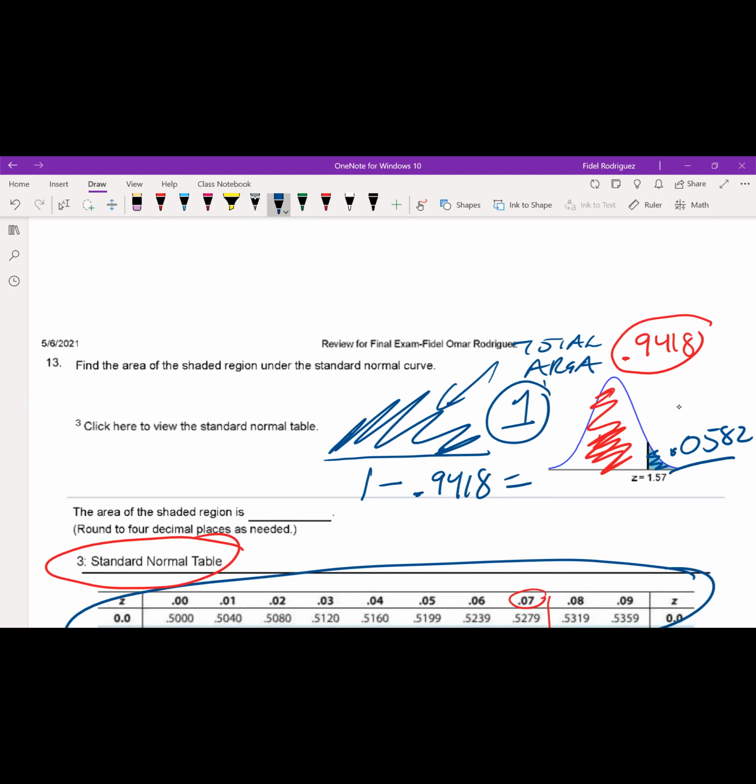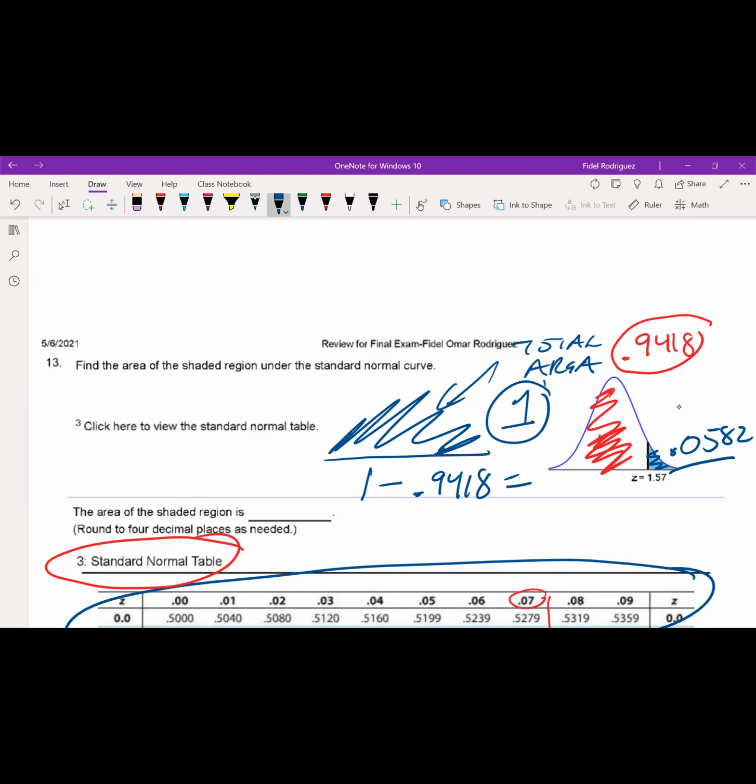Now, if I don't want to use a table and I want to use my calculator, what I'm going to look for is the normal CDF, okay? In the normal CDF, we're going to have two numbers. One of them is going to be our lower bound, and the other one is going to be our upper bound.